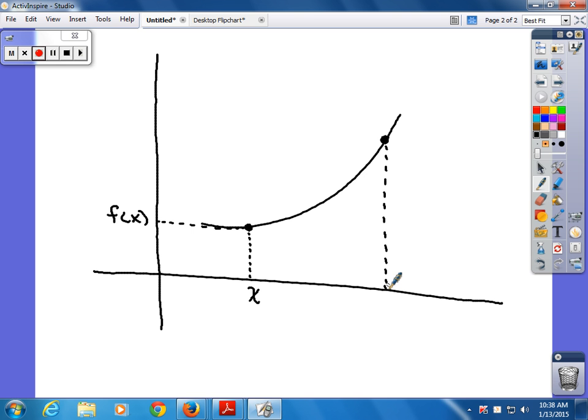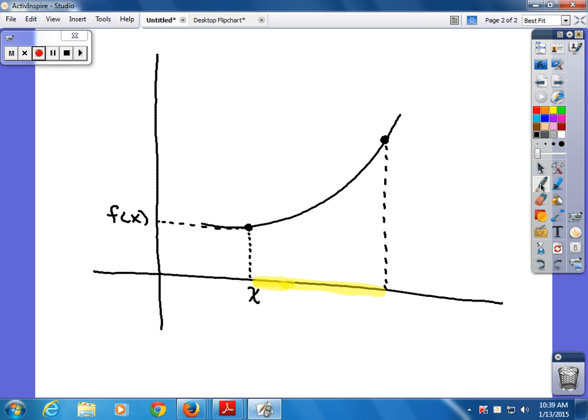So I like to say that this area right here, which I'll highlight using the yellow highlighter, is h. Some people call it delta x, or delta h. Some people call it h, some people call it delta x.